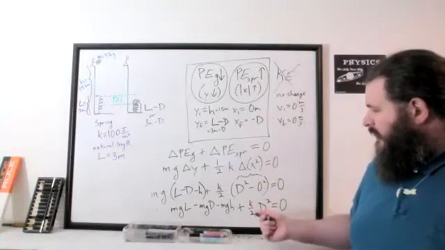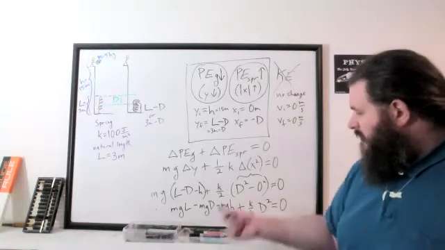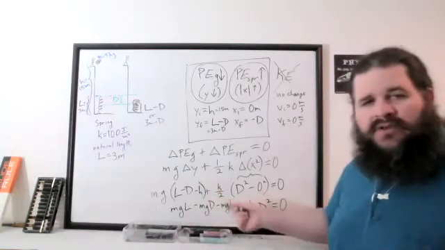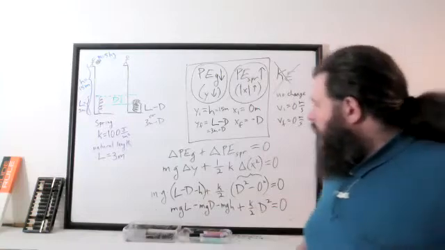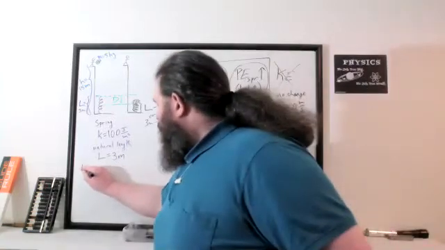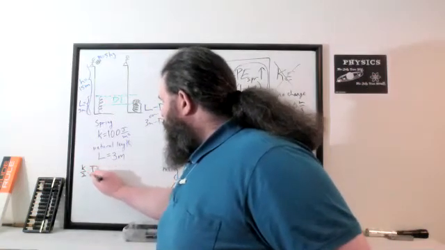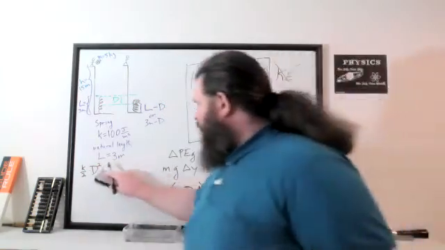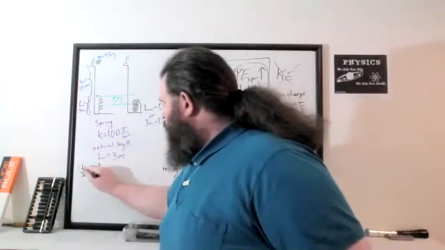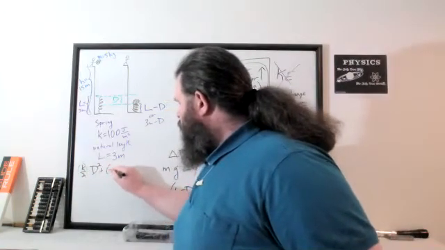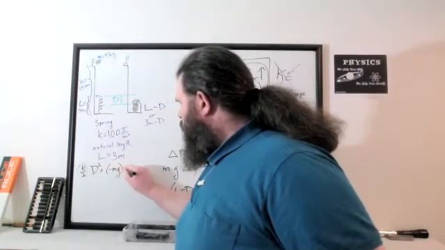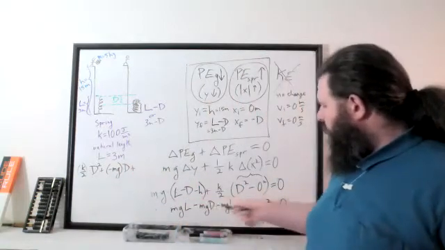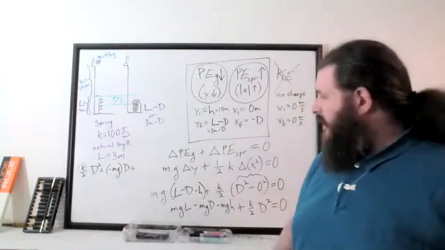So if we group these terms based on d, we've got a d squared term, we've got a d term, and we've got a couple of terms that are constants, no d at all. So k over 2 times d squared, negative mg times d, and then two terms without d, which we can combine together.